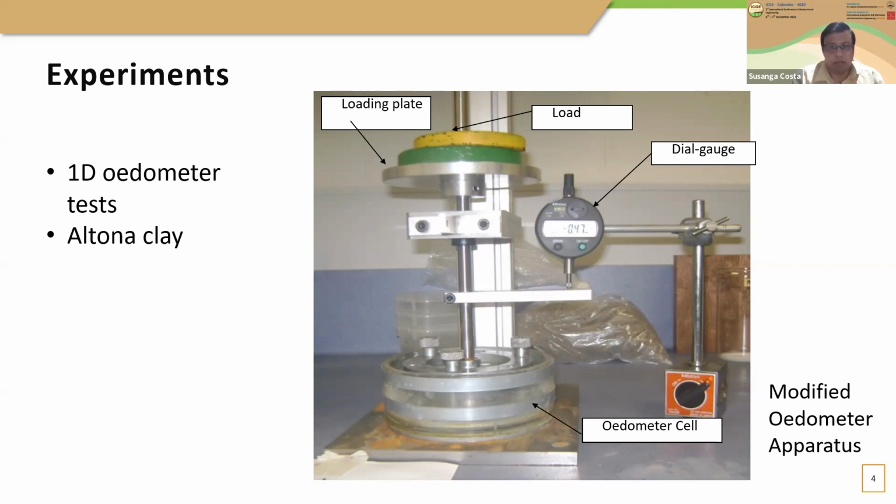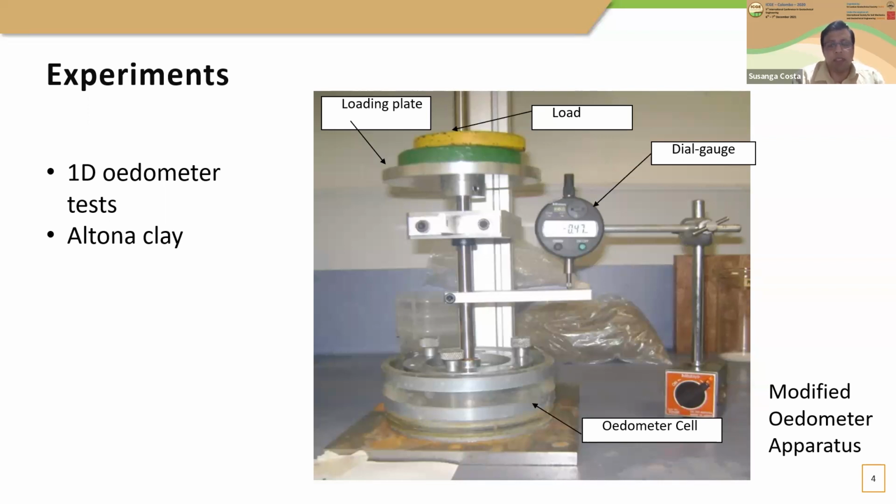A cylindrical specimen of diameter 76 millimeter and height 12 millimeter was prepared. Initial moisture content was set to 1% dry of optimum moisture content, and the tests were continued for several wet-dry cycles. In total, about 50 specimens were tested.